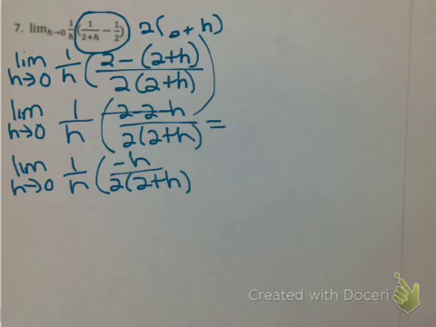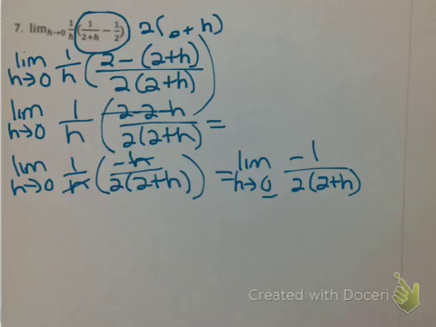Now look how wonderful, the h's cancel. So I'm left with the limit as h goes to 0 of -1 over 2 plus h. And now I can plug the 0 in. So I'm left with -1 over 2 times 2, which is -1/4. So there's my limit.